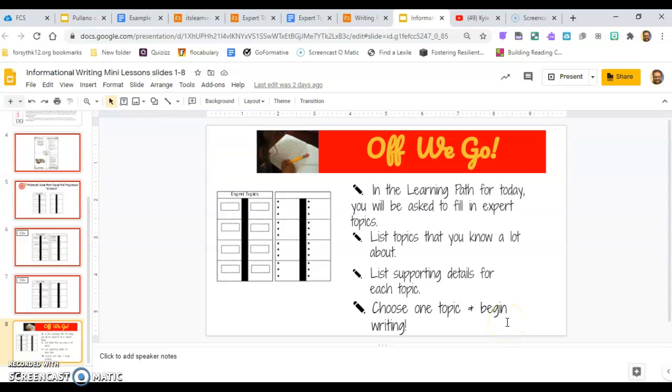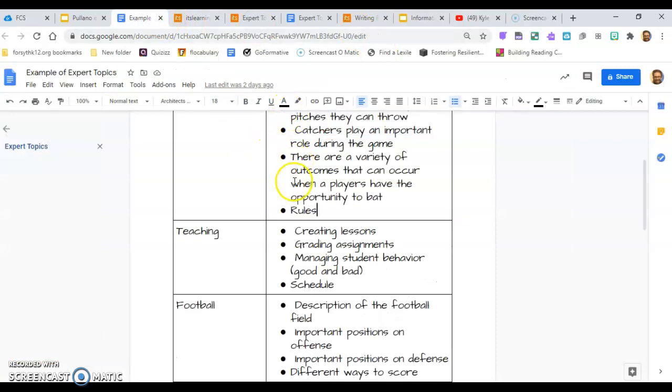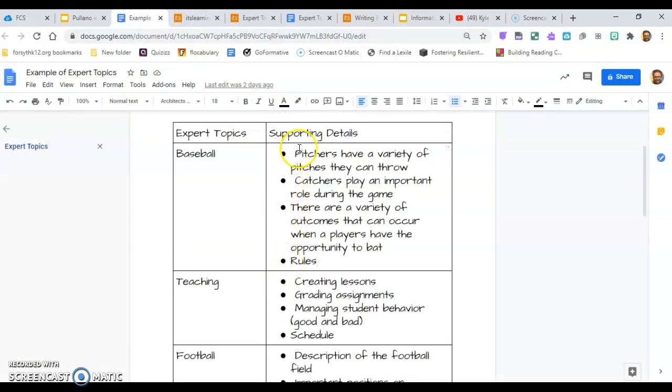You really don't have to do the writing portion today, but you should choose after you do your 3 or 4 expert topics, what is the one topic that you think you can write about this week that you know a lot about, that you have at least 3 very strong subheadings of that topic, where it could be just like I showed you, any of these bullet points. Those are 4 different things I could write about with baseball. I need to have at least 3 things I could write about if it were teaching. And so you're going to choose today after you do this organizer.